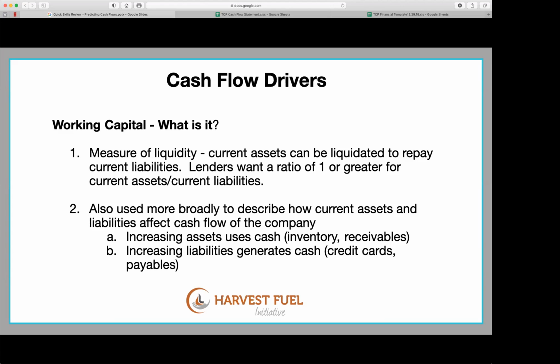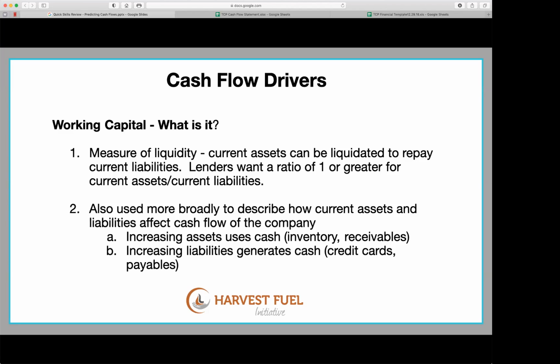If I increase my assets, if I increase my inventory, I've used cash for it. If I've granted credit to my customers, that's essentially using cash for it. I have foregone collection of cash, at least for that month.